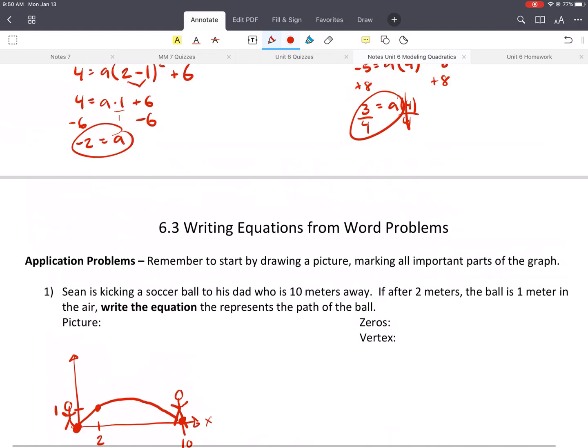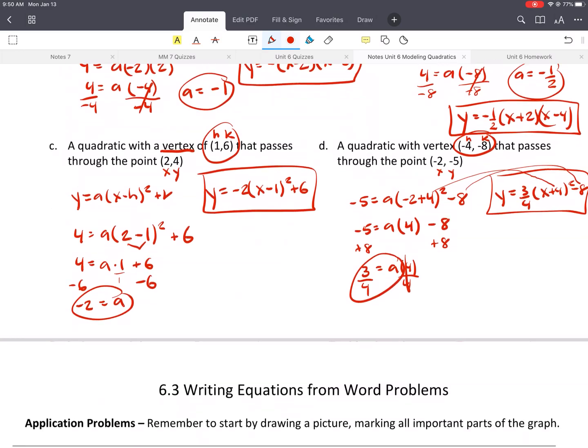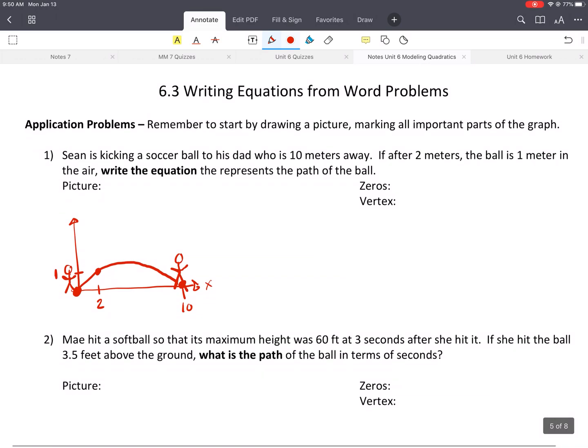So this is just like we did in 6.2, where I gave you the x-intercepts and a point and you came up with the equation, or I gave you the vertex and a point and you would come up with your equation. So basically we're taking this word problem, finding that information, and then doing the exact same thing we did in 6.2. Here, looking at this, we don't have the vertex.